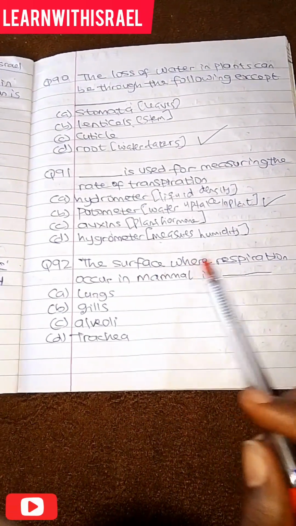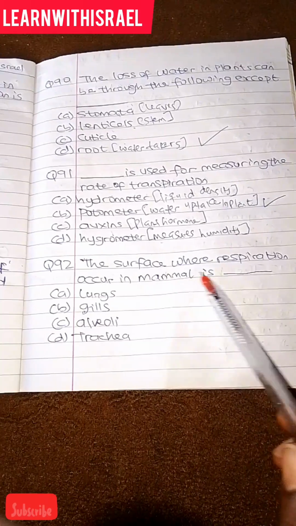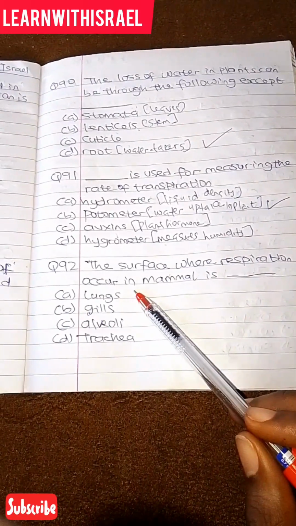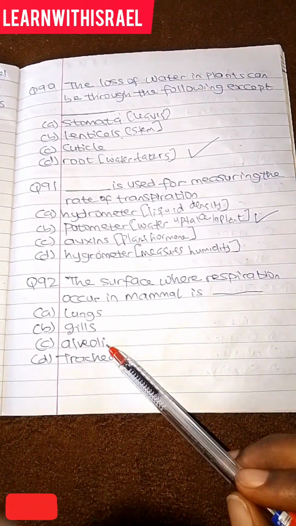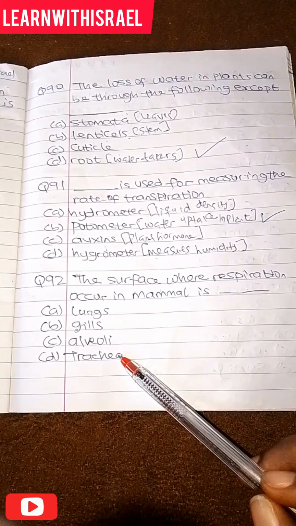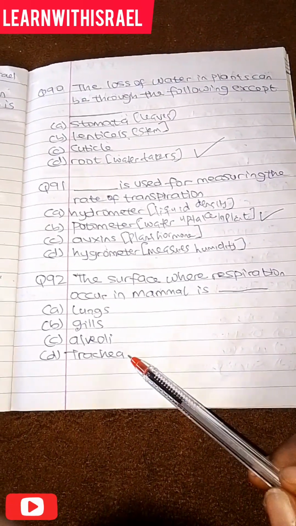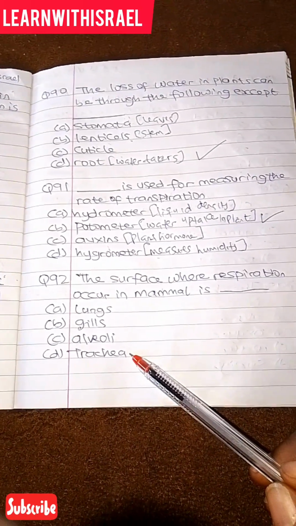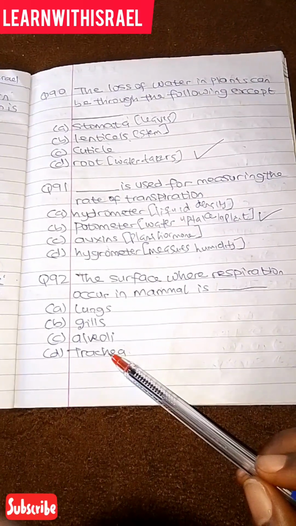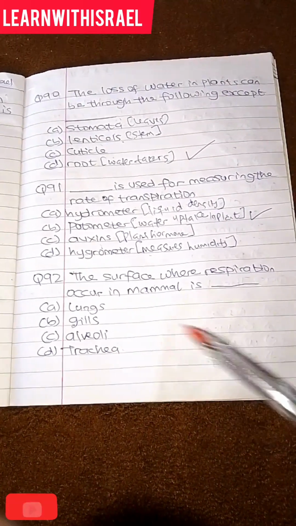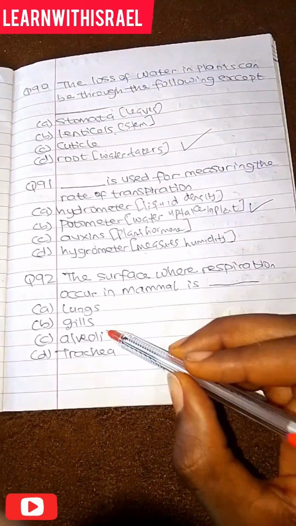Question 92. The surface where respiration occurs in mammals is dash. A. Lungs, B. Gills, C. Alveoli, D. Trachea. So trachea is just a passageway. We all know where trachea is located in our body system. While alveoli is the correct answer.